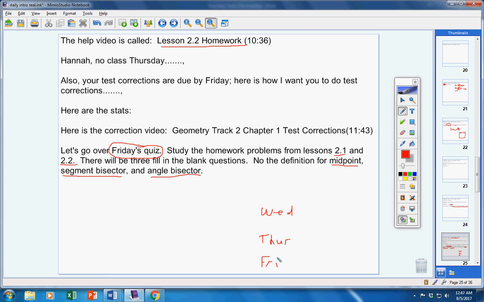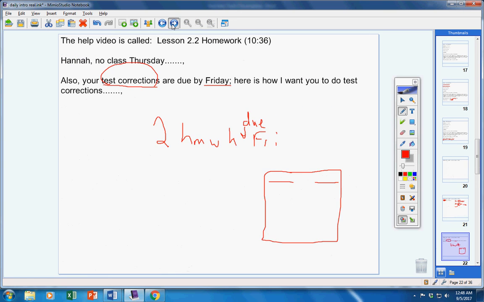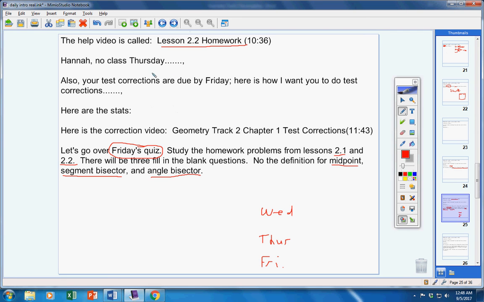I'm afraid you're going to forget to do this assignment here, or you're going to forget to do this assignment here, or you're going to forget to study for your quiz. Please write this down and don't forget these 3 things are due Friday. A quiz, you're going to take Friday, test corrections, and this homework assignment here.